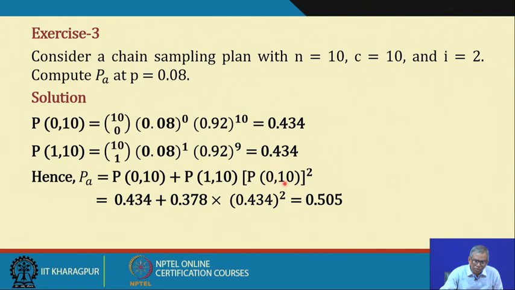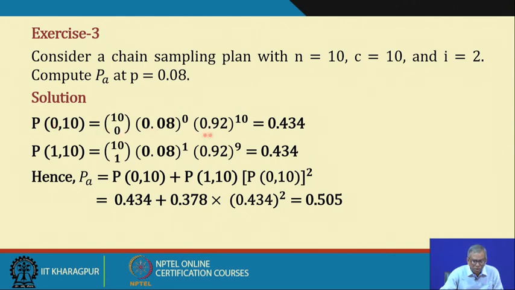That's why it is P(0,10). Under this condition you accept even if in the present sample you find one non-conforming unit.